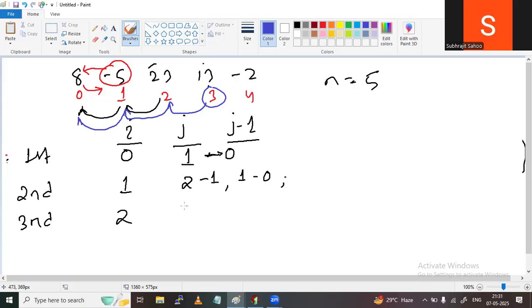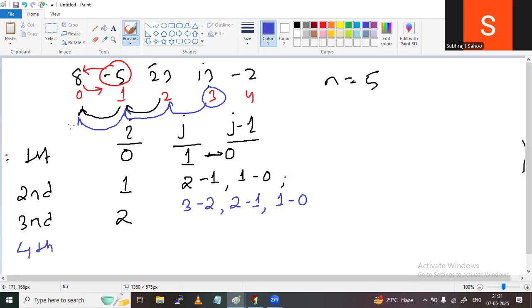That means starting value 3 with 2, 2 with 1, and 1 with 0. Okay? So every pair I am writing. This is the j value, this is the j minus 1 value. This is the j value, and this is the j minus 1 value. This is the j value, this is the j minus 1 value, right? Okay? Now after the third attempt, fourth attempt.